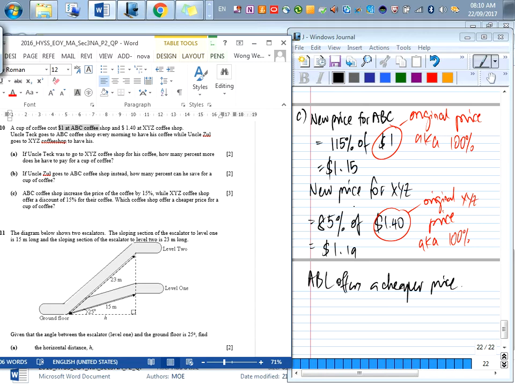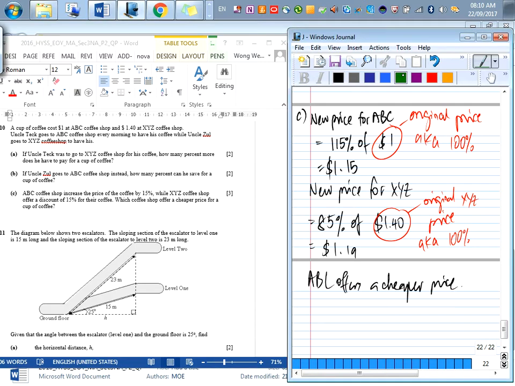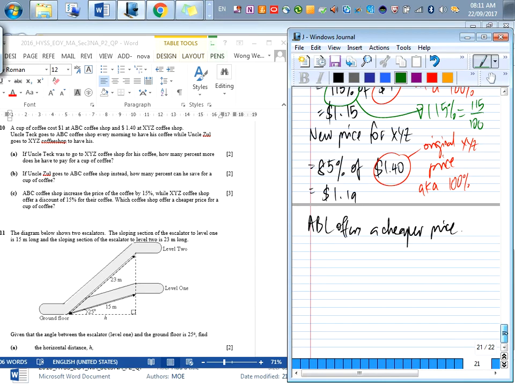Yes, it is the same thing actually. So 115% is the same as 115 over 100. So yep, you could have done that. But I need you to realize that percentages and fractions can convert from one form to another.